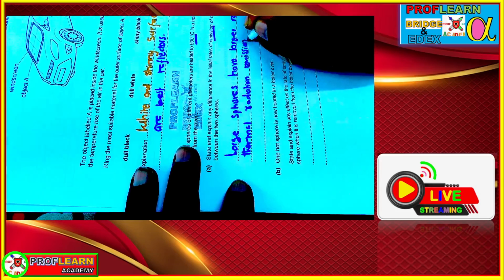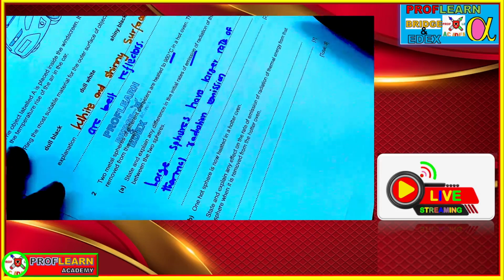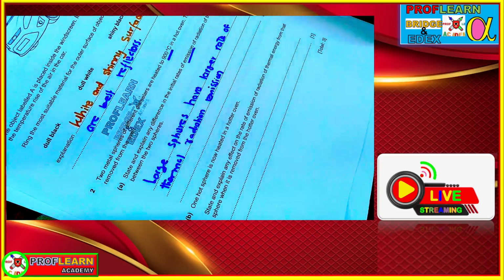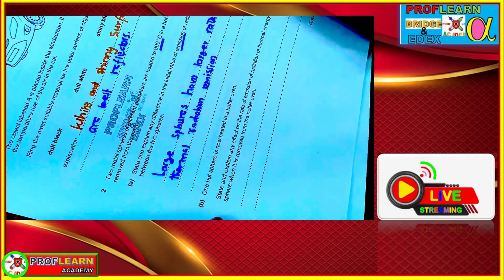So basically in this particular question, you are supposed to identify that if we have a large surface area, there will be a larger rate of emission.